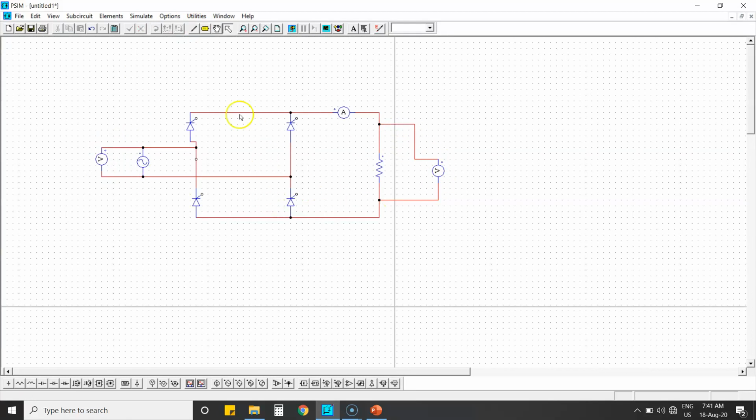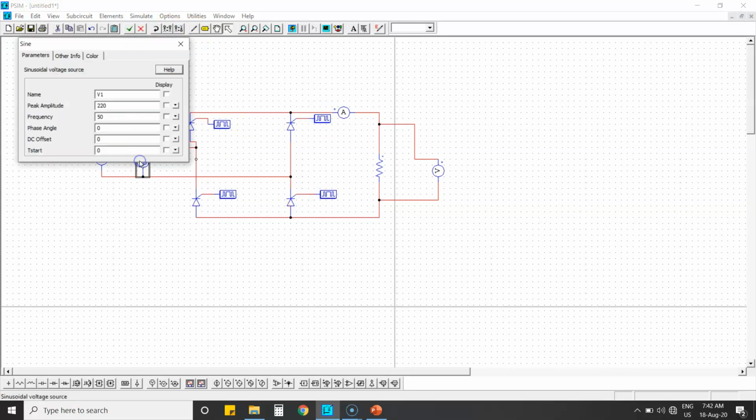Now we need switching pulses for all the 4 thyristors. Here we have the switching block. 4 switching blocks are needed, 1, 2, and this one, and this one. Just flip the blocks.